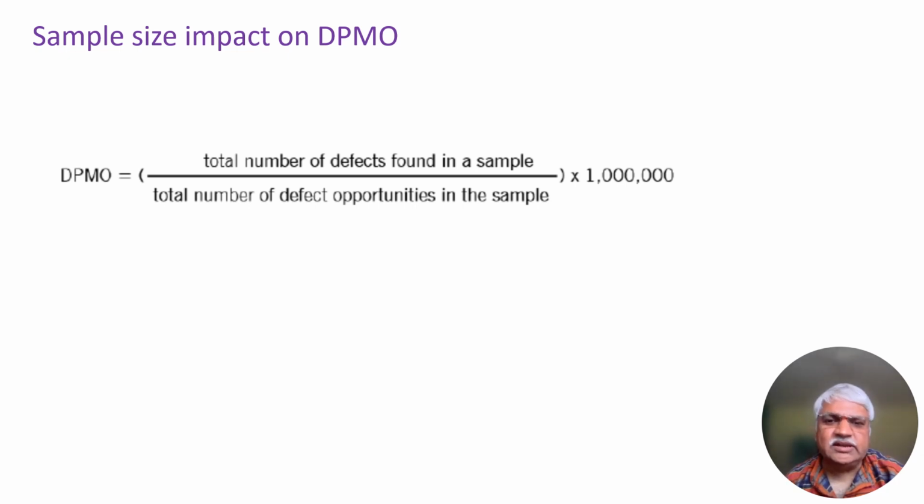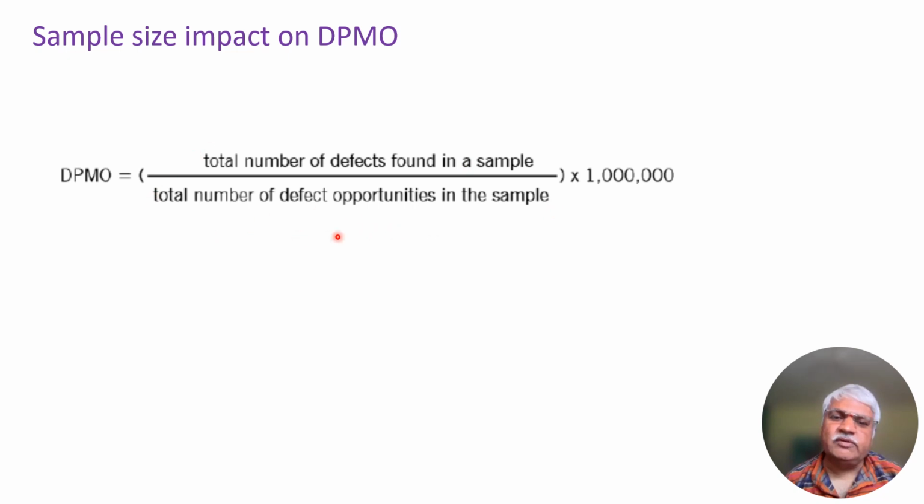DPMO depends upon total number of defects found in a sample by total number of defect opportunities in the sample, into 1 million. So this is the total number of defects found in a sample. That means like if you have sampled some 40 wafers, then you have figured out that some number of dies from those different wafers were defective.